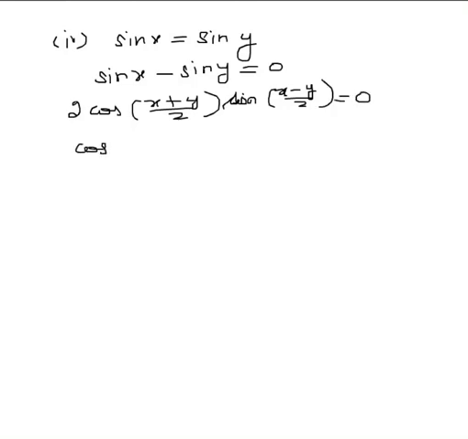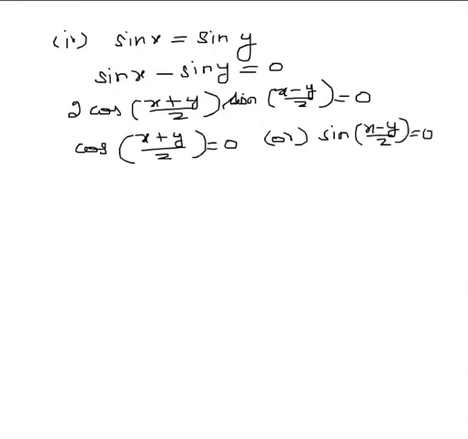Product of two terms is 0. Either this must be 0 or the other term must be 0. Cos of (x plus y) by 2 is equal to 0. We know that the angle should be an odd multiple of pi by 2. Just now we wrote the formula for cos x is equal to 0.